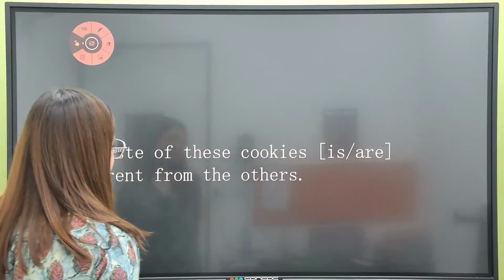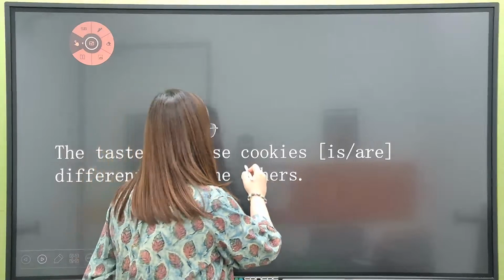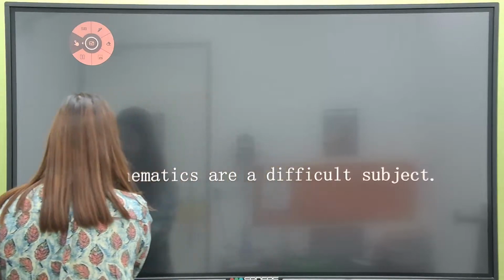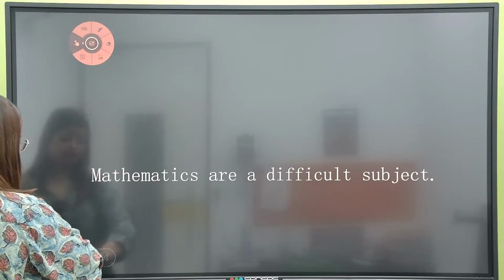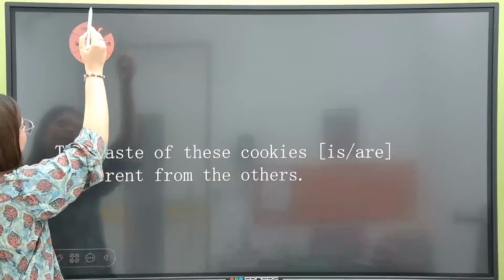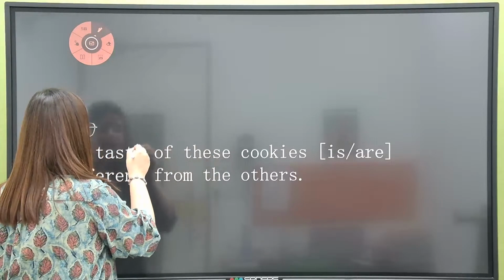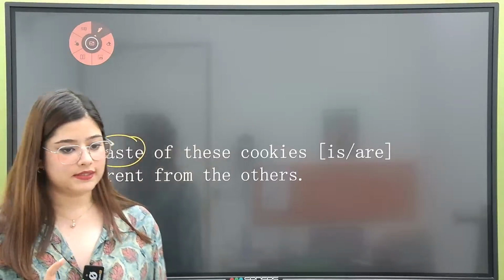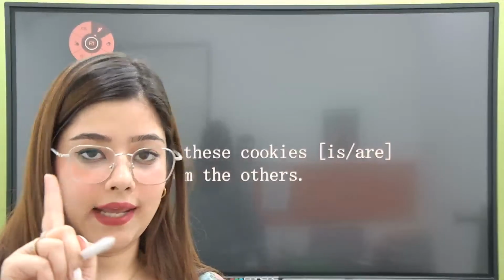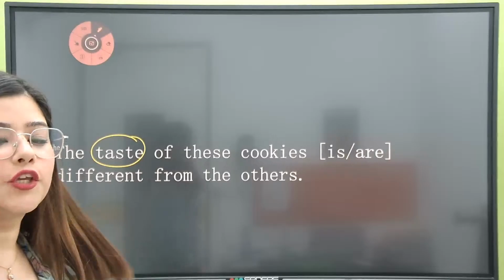Yes, so please do not get confused while looking at cookies and thinking that cookies represents a plural subject. No, here your subject of interest is taste, and taste here is singular.